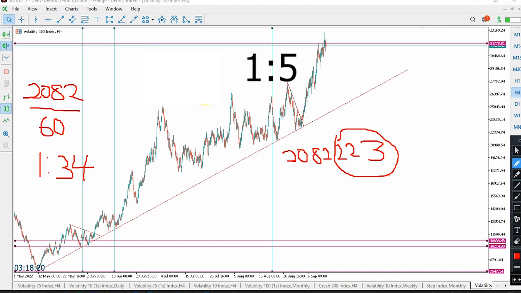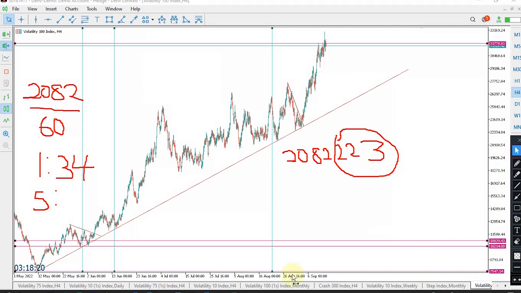Trend line touch strategy is all you need to know if you want to make money in this business. Imagine you're risking $5 for this.